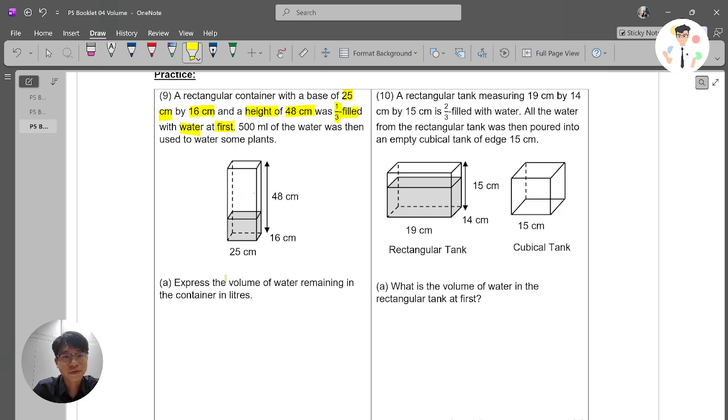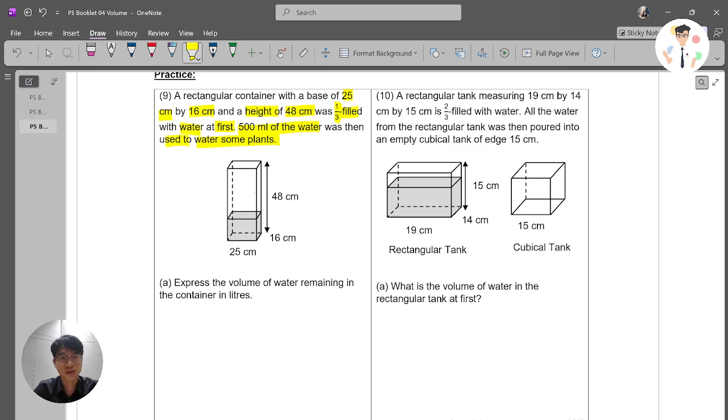Now, if I were to find the volume of water inside, what do I need to do? It's basically 1/3 times 25 times 16 times 48. But after I found the water, it mentions one more thing: 500 ml of the water was then used to water some plants.